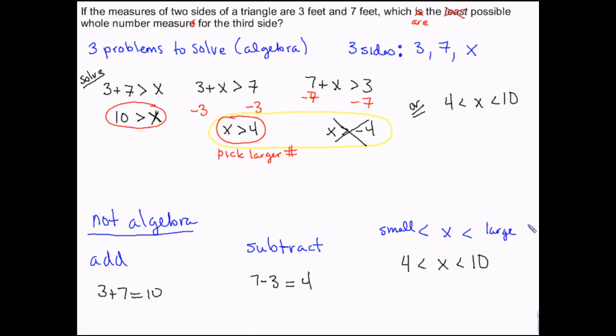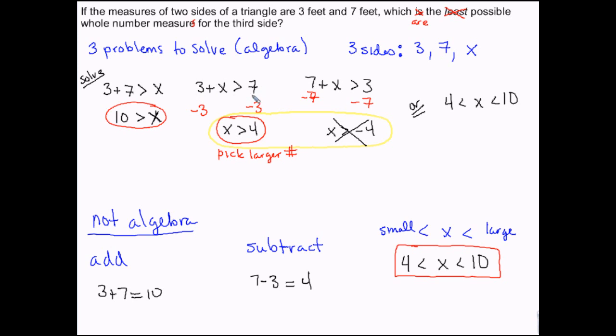So you can still get the same answer without the algebra. And the reason this works is because of what we just did here with the 3 different scenarios. And on these, one of these will always give you a positive, the other will always give you a negative. And you always get rid of the negative.